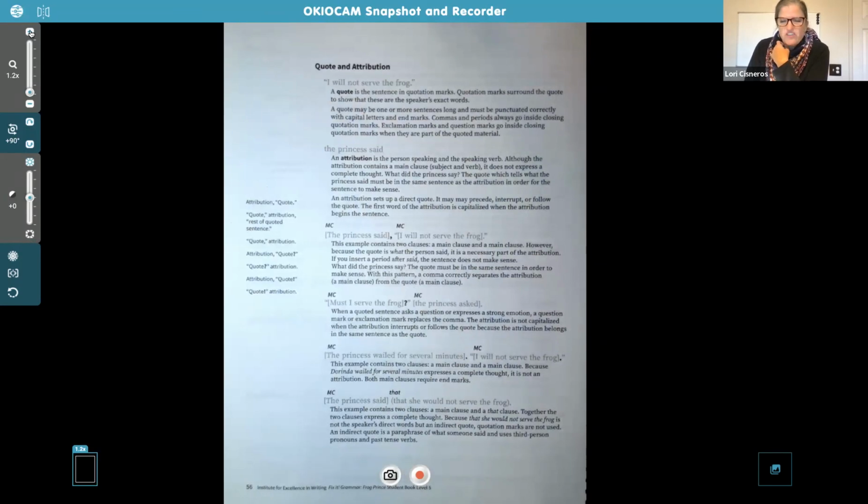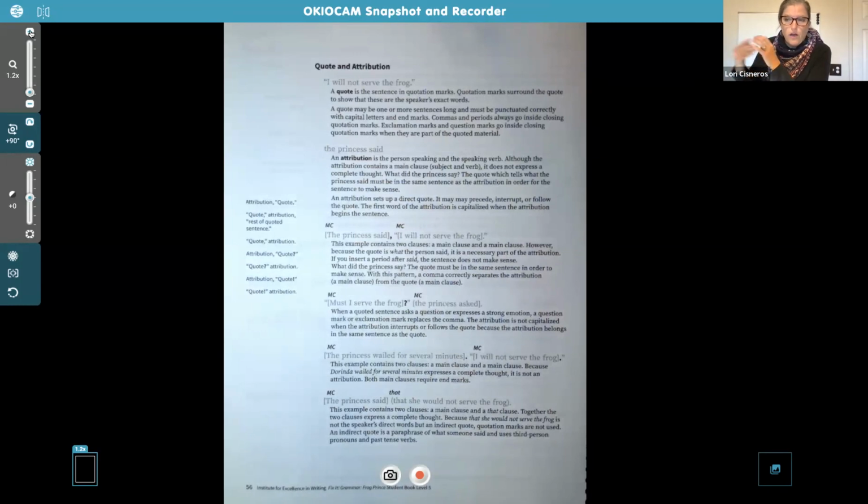So basically, when you're writing a story like Tom Sawyer and Tom is speaking, that's when you use quotes and the attribution, like Tom Sawyer said, or whoever was speaking. It could be a reference in a research paper.